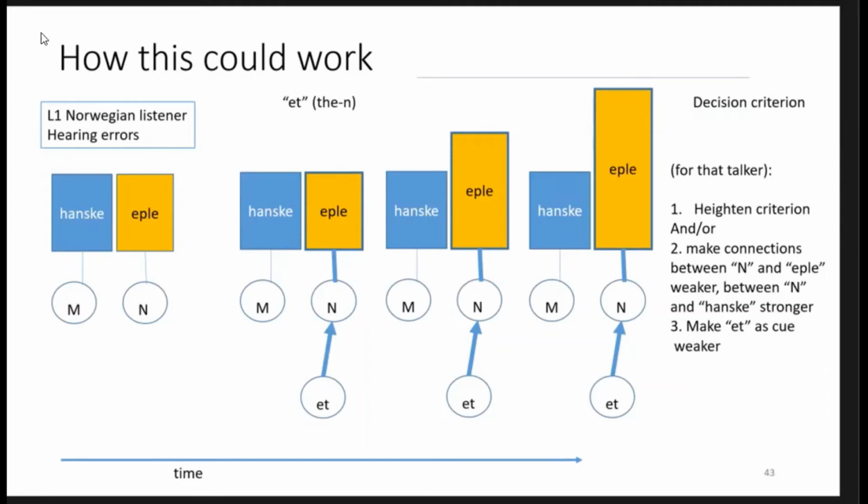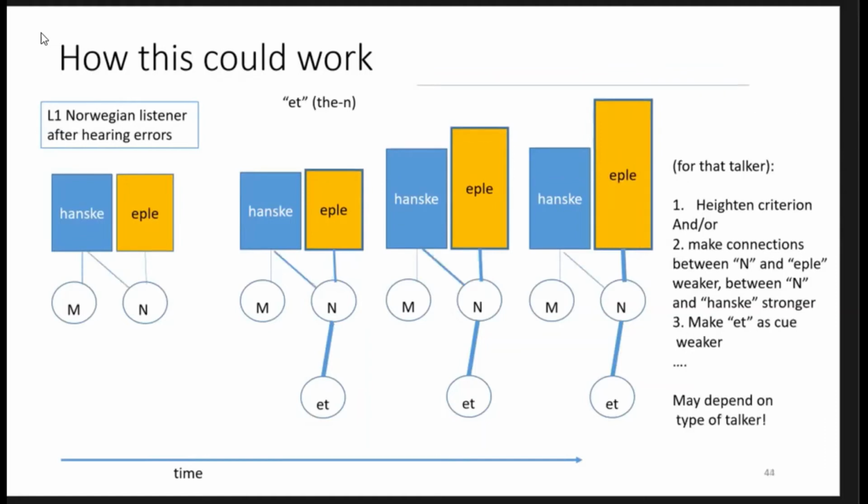However, if this person is not a Norwegian speaker, maybe heavily accented speech, they might adapt a little bit differently. They might say, maybe for that speaker, let me make a model of that speaker. So maybe that speaker thinks that Apple is masculine, or thinks that glove is neuter. So they might change only for that speaker their lexical representation, which is kind of wild, but it might happen.